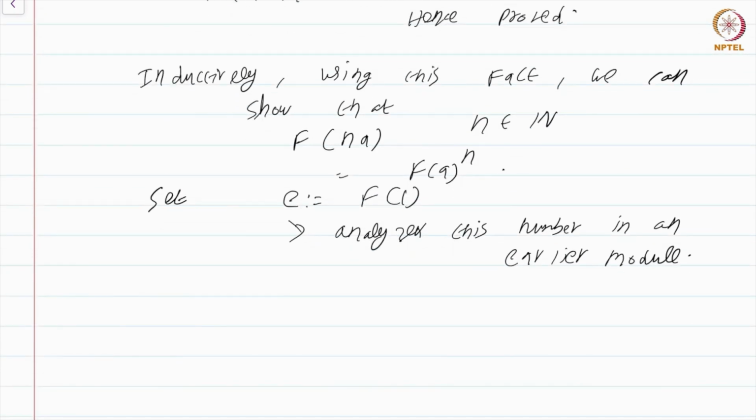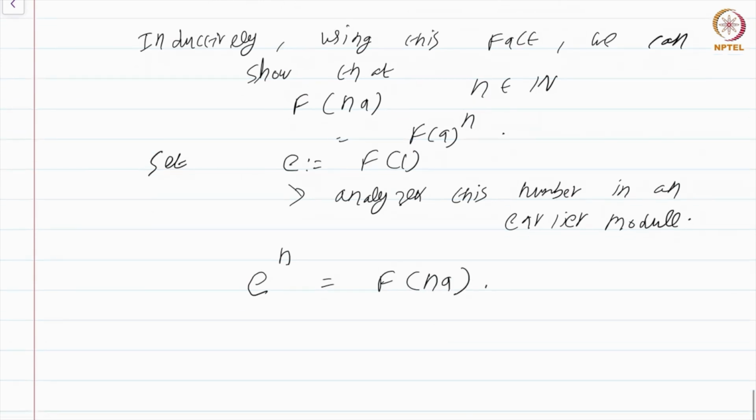So what our theory so far says is that e power n is nothing but f of n. We also know that f of minus n is e power minus n. This also follows from the fact that f of minus x is just f of x inverse.